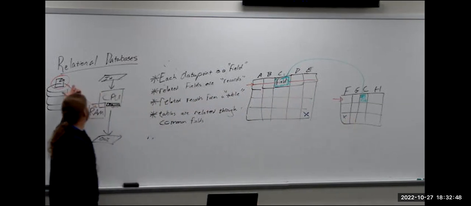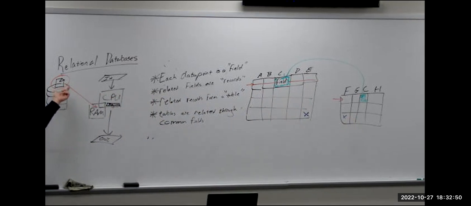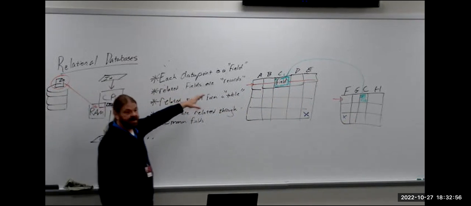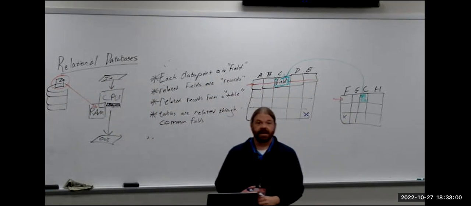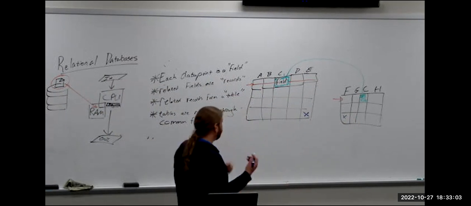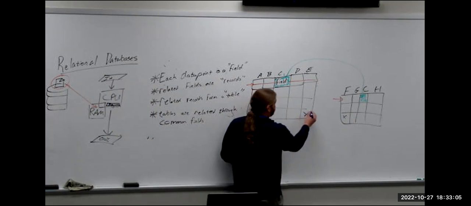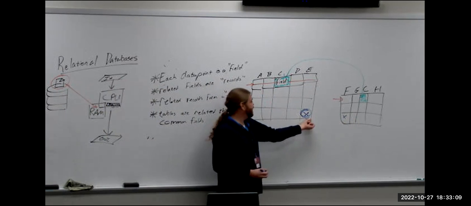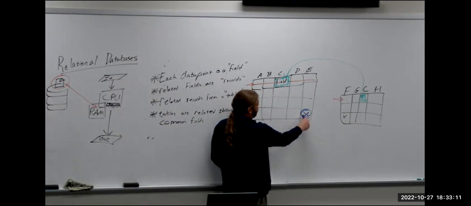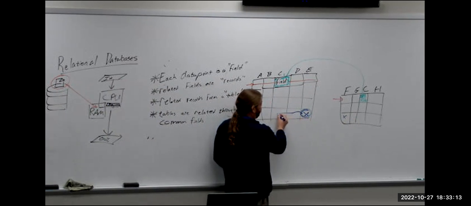In some sort of text file or the file writing like we saw, we would need all of our data brought in, and then we'd have to sort through it in our program. But with relational databases, all we need to know is that starting value. We know that value, and that field is related to this field over here.